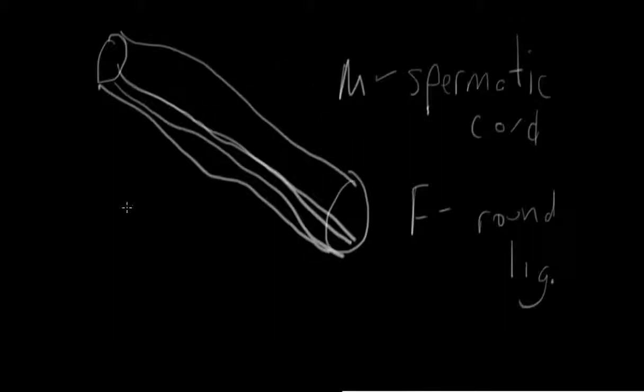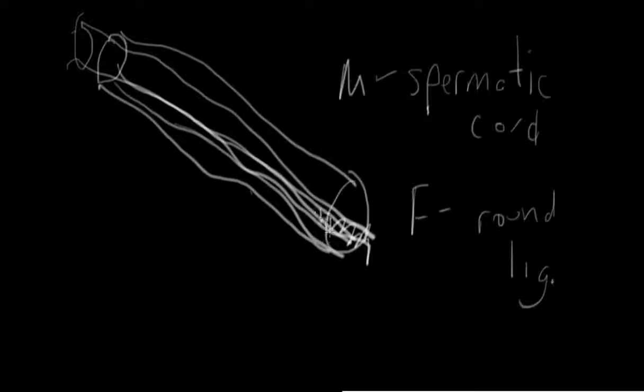So, let me once again sort of redo this. But this whole thing is full, so you're going to have basically a cord that's going through this canal that's just full of all of these structures, and it is covered by fascia and some other things. So now we're going to talk about the spermatic cord as it goes through the inguinal canal.